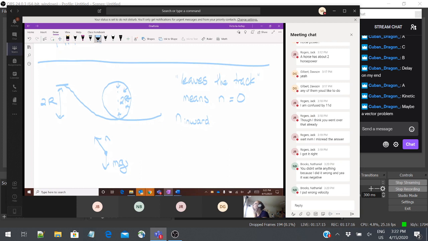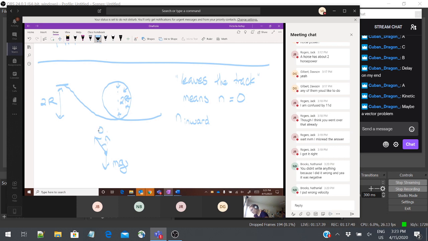Leaves the track means N equals 0. Okay, I'm going to do it the long way and see if I get the right answer.